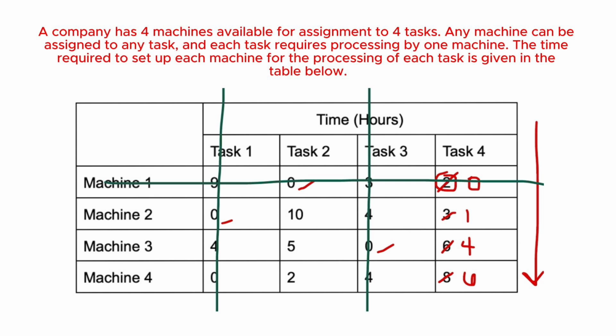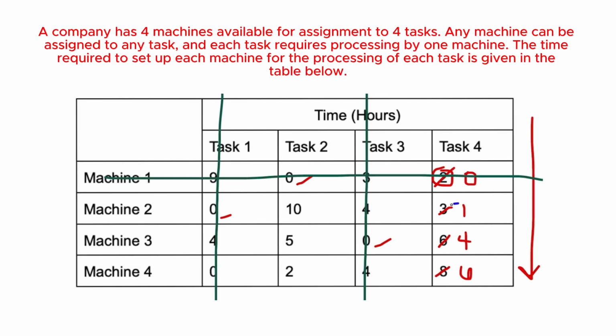So we will be revising the current opportunity cost table. To revise the table, we will be subtracting the smallest number not covered by any line, which is 1, from every other number that is not covered by any line.